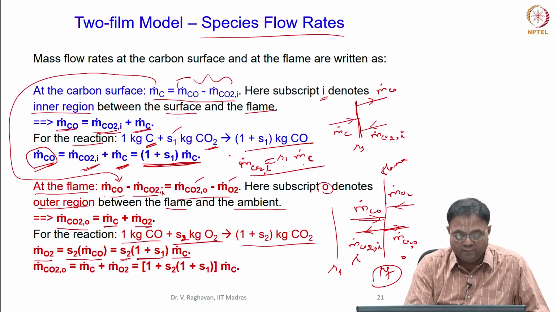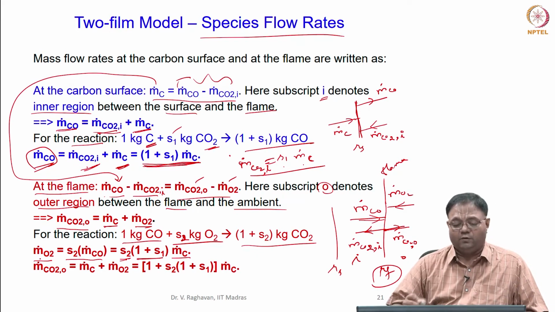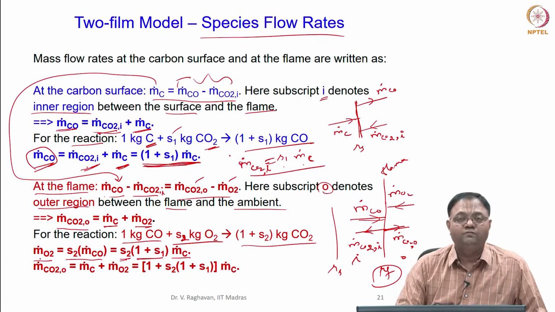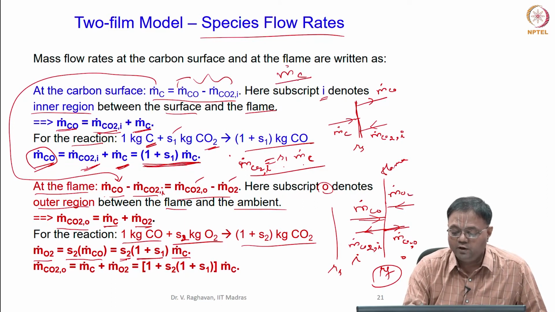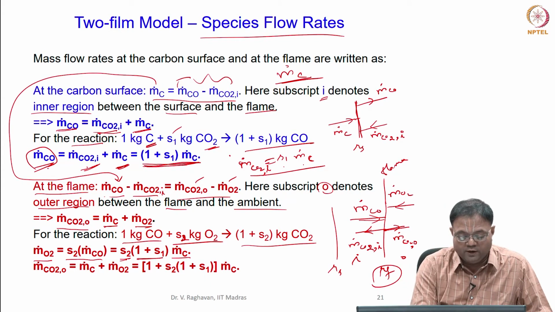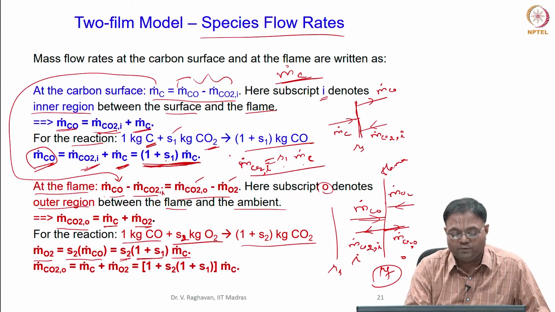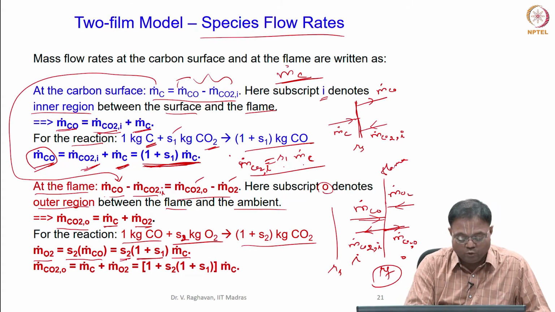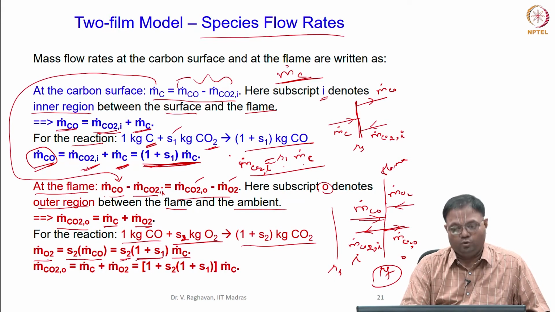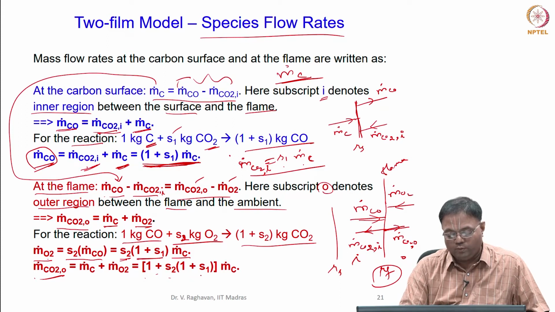So now I can write m dot CO2 equal to MC plus m dot O2, and I also use this equation to write every flow rate in terms of MC. The main purpose is to write all the flow rates as the carbon flow rate from the surface. I have already written the CO flow rate using the surface reaction coefficient: 1 plus S1 times m dot C. For O2 it is S2 into 1 plus S1 into m dot C. For CO2 going out, it will be 1 plus S2 into 1 plus S1 into m dot C.